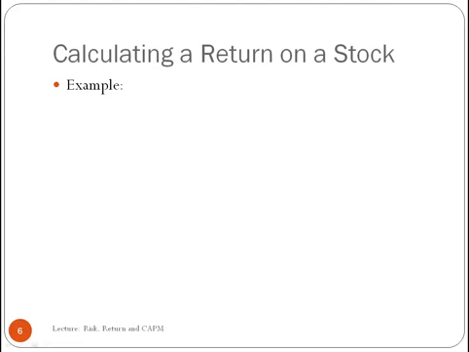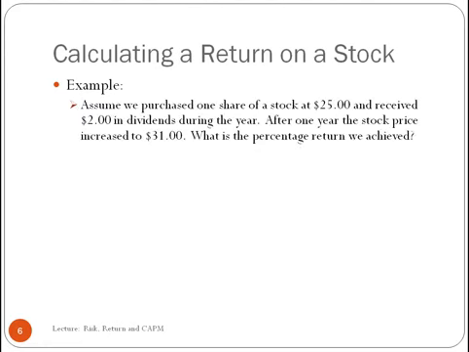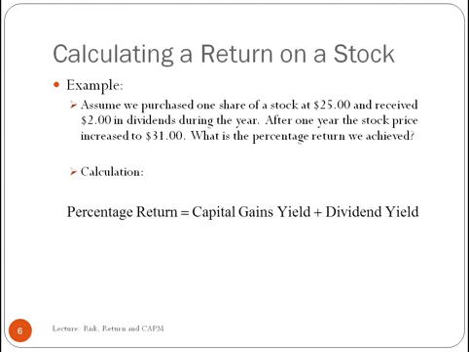So for example, assume that we purchased one share of a stock at $25 and received $2 in dividends during the year. After 1 year, the stock price increased to $31. What is the percentage return that we achieved? Well, let's just do the math. The percentage return equals the capital gains yield plus the dividend yield, and now we can just plug in the numbers: (31 minus 25) divided by 25, plus 2 divided by 25.